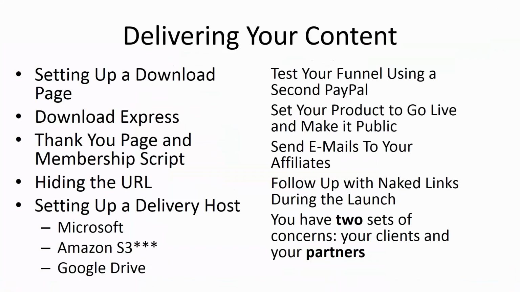The reason that I mentioned this again a second time here at the end is because one of the things you want to do during your launch, let's say that you have a list of people who have purchased your product. Now we know for a fact they have the front end product. What we don't know is whether or not they have the back end product.